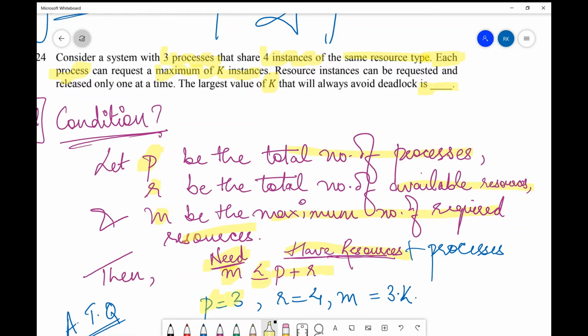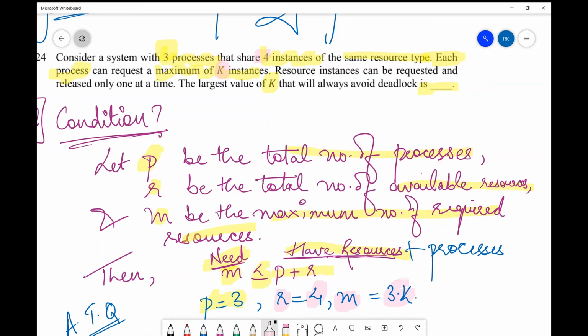First, P is the total number of processes. They are 3 here, as given. Then R is the total number of resource instances. So here it is 4. Then the total need, as we have just discussed, is 3k, because there are 3 processes each requiring k instances, so the total need becomes 3 into k.